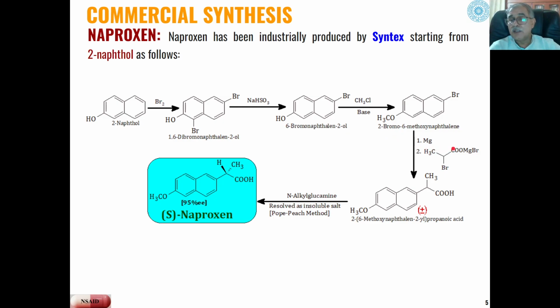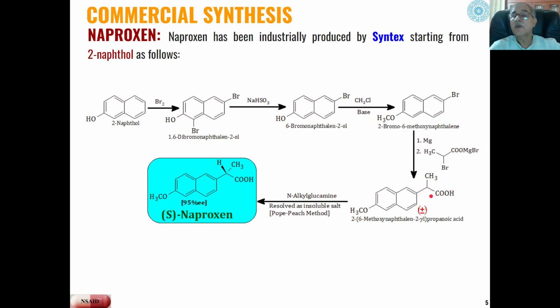Then this is reacted with a Grignard reagent. This magnesium bromide derivative, in the presence of magnesium metal, reacts with this bromine and carbon-carbon bond formation takes place.